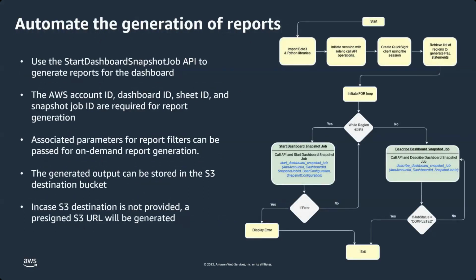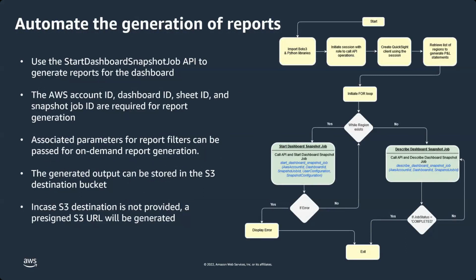Now, let's discuss how you can automate the generation of these reports using these APIs. Let's say you wanted to put it in a batch job script. The very first thing you would do is create a script, and within that you will import the Boto3 libraries. You will initiate the session with a specific role that can call the API operations.